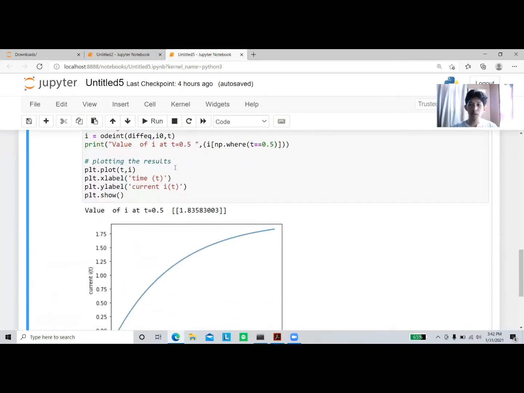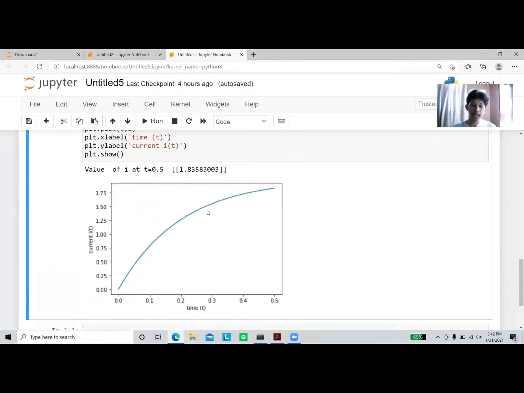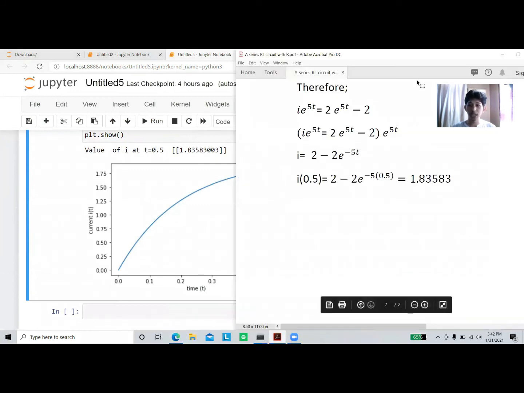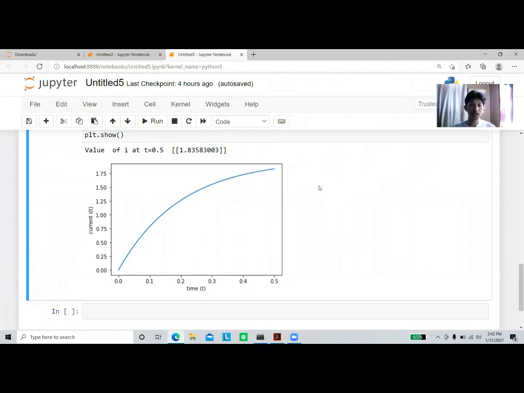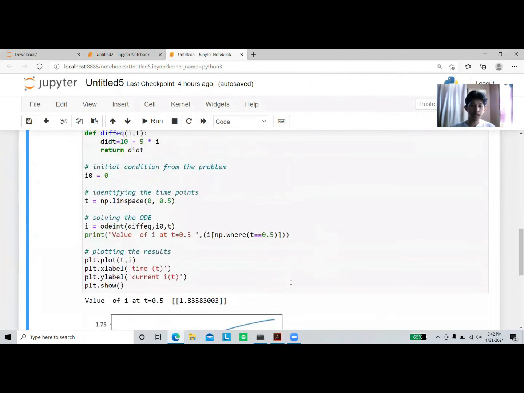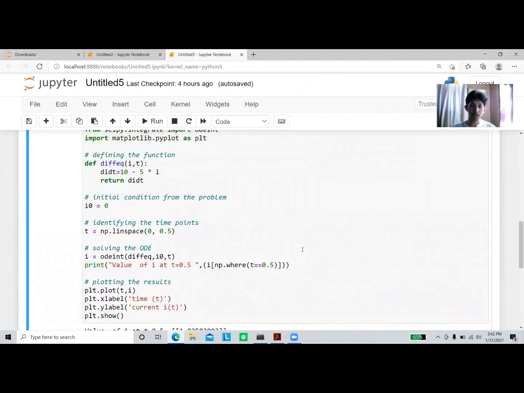So we are now able to obtain the current of the RL circuit based on the problem at time t equal to 0.5 by doing the manual calculation that we had earlier, as well as using the Jupyter notebook with these codes. That's it for this part of this video.